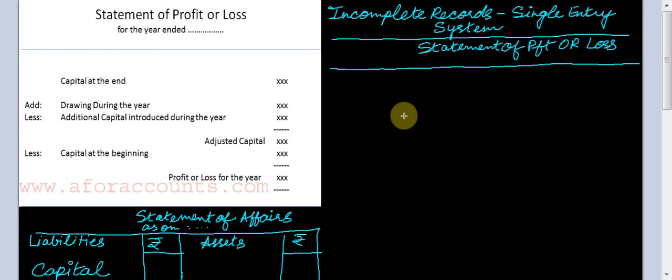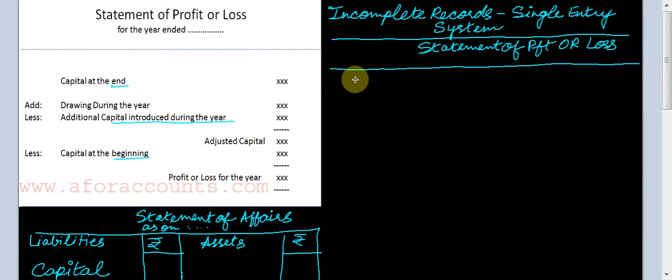I need to know capital, but I need to know all the capitals: capital at the end, capital at the beginning, and capital introduced during the year. So 3 items regarding capital I can see here. When I say start preparing statement of profit and loss, start with capital at the end.